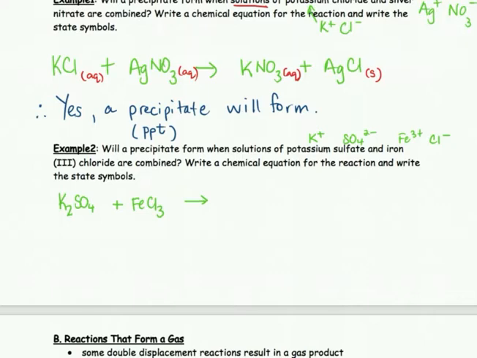Again, you have an ionic compound and another ionic compound, so you have a double displacement reaction here. You're going to swap places. The metals will swap places, and so you end up with potassium and chlorine now, and iron will go with sulfate.